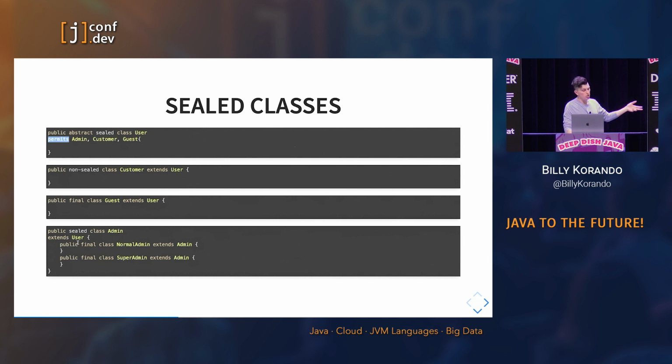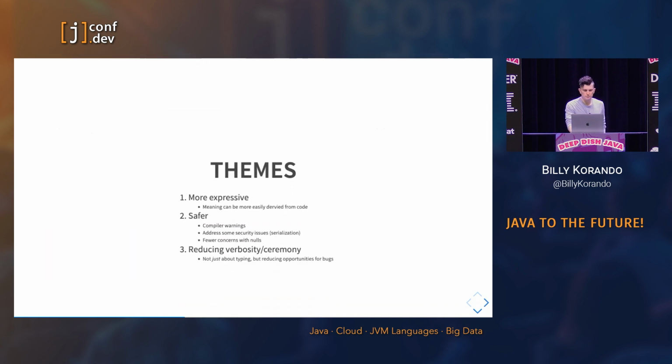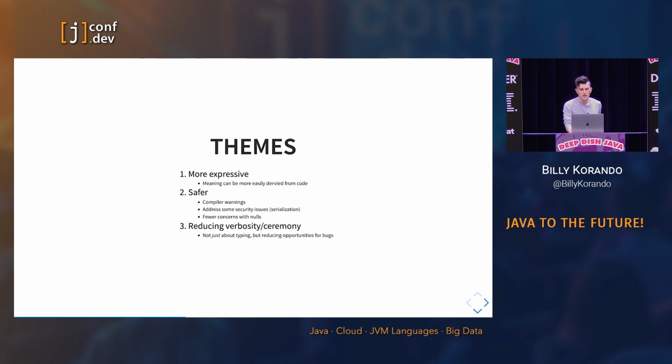So they can be inner classes like this, they can also be other top-level classes. That doesn't matter. But yeah, so there's two ways of defining that sealed hierarchy. You either use a permits keyword or define it within the same source file. And you can't do both.